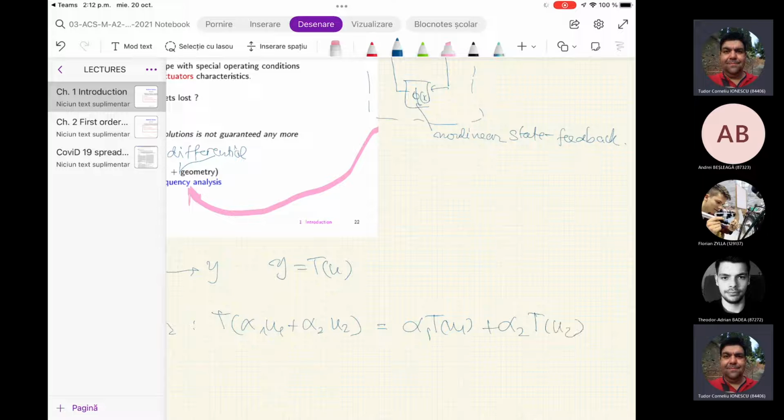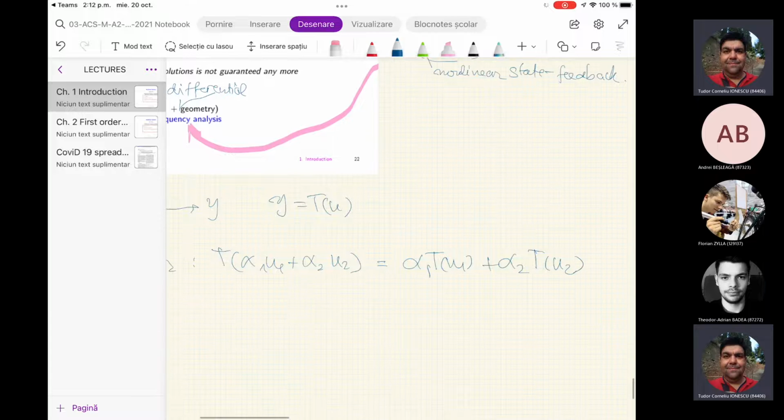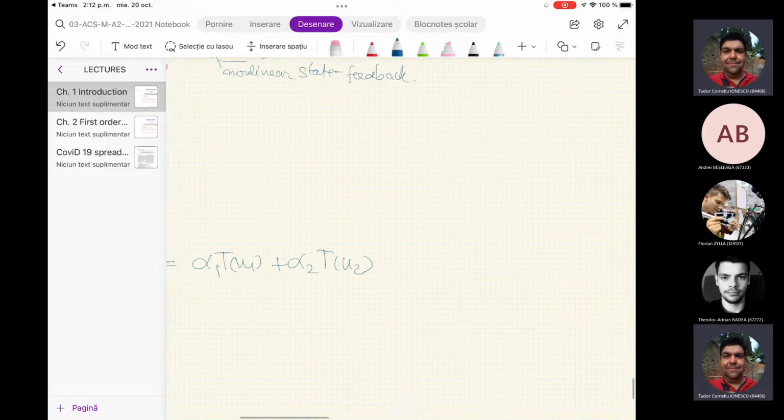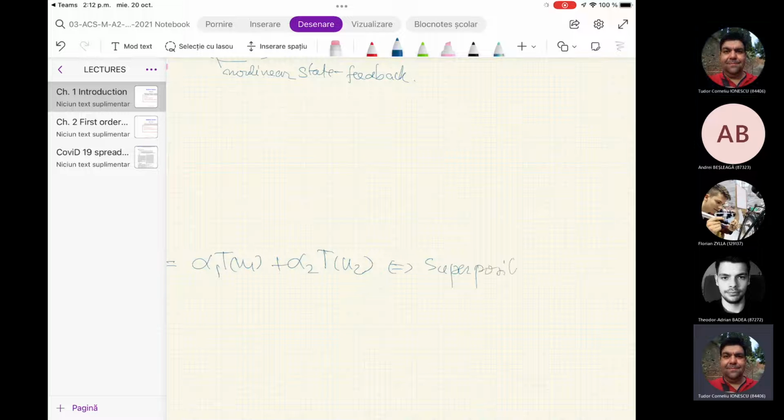So this is linearity, and this is equivalent to the so-called superposition principle, which is very strong.